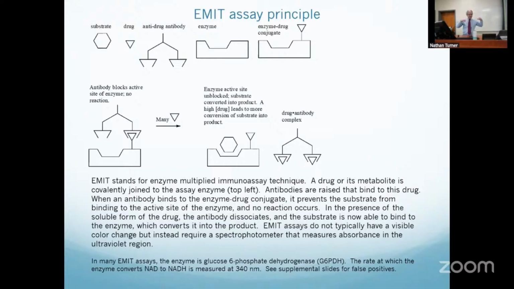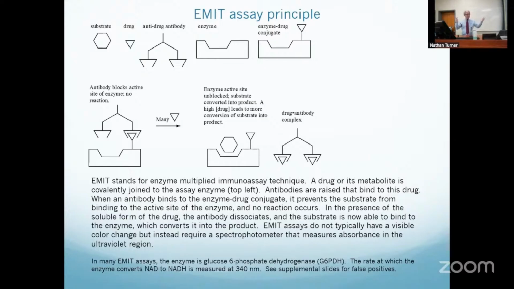Now, if you can picture in your mind, suppose we introduce the presence of the drug or drug metabolite. Now the immunoglobulin would rather bind those because there are so many more of them. So it floats away. Now the enzyme's active site is open and free. It can bind the substrate. And if the enzyme binds the substrate, and this happens 1,000 or 10,000 times, a change is seen in the ultraviolet region of the spectrum.